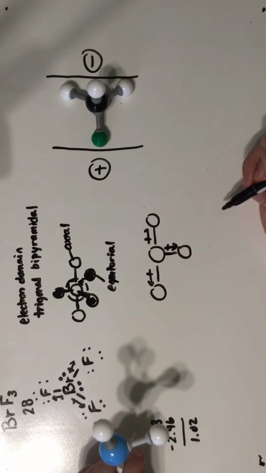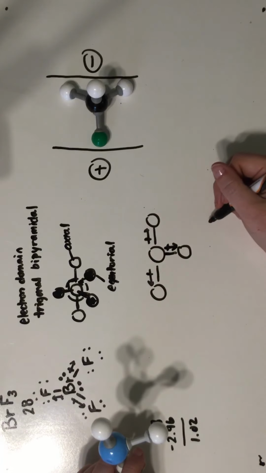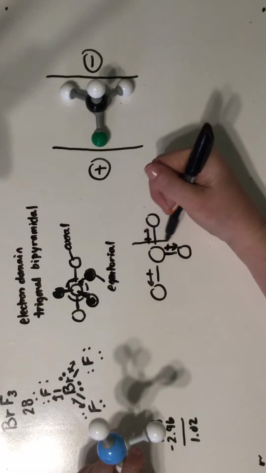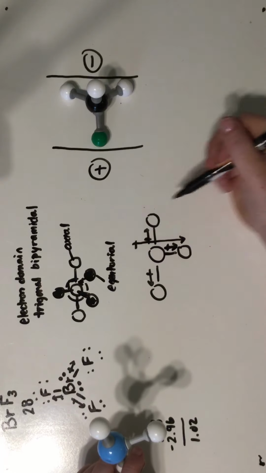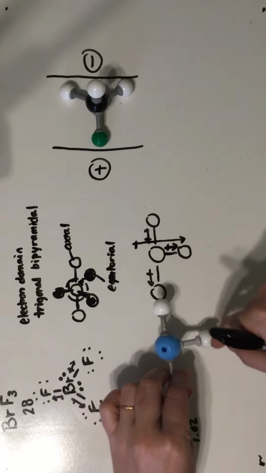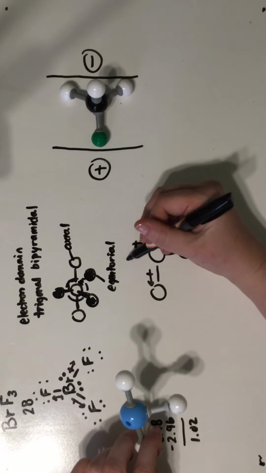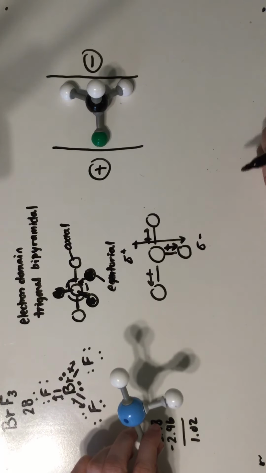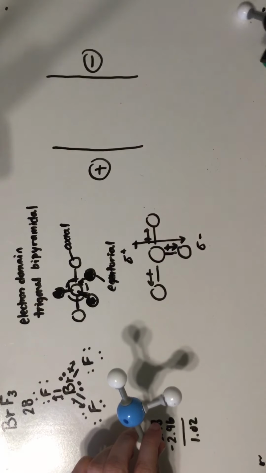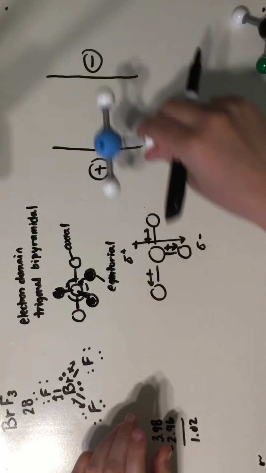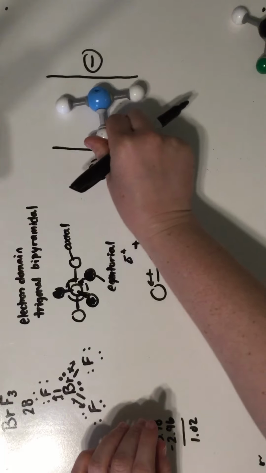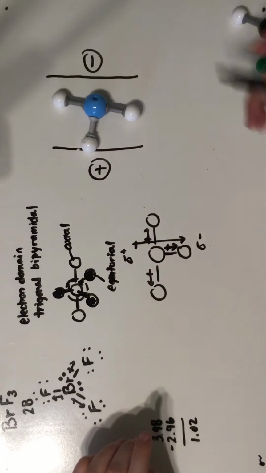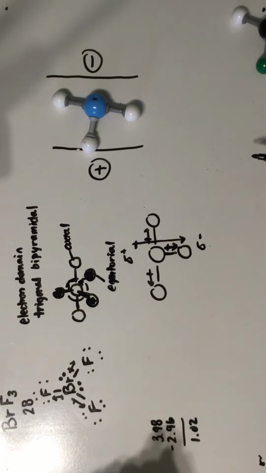This one's going down. Nothing's going back up, which means overall, we've got a dipole moment that's going to be pointing down toward this atom, which means this side winds up being a little bit positive, this side winds up being a little bit negative. So if we bring him over here, the negative side would align itself toward the positive side, and the positive toward the negative. This is also a polar molecule.